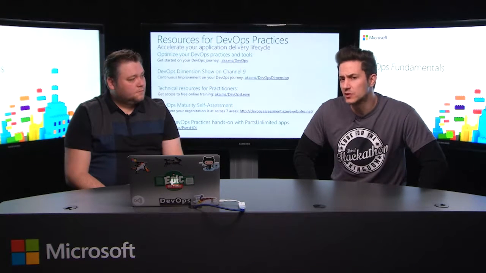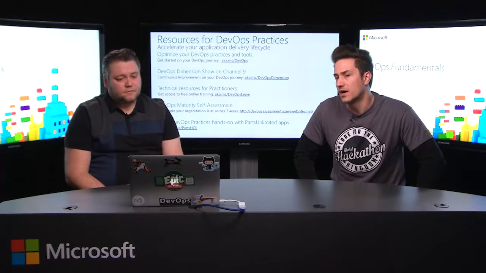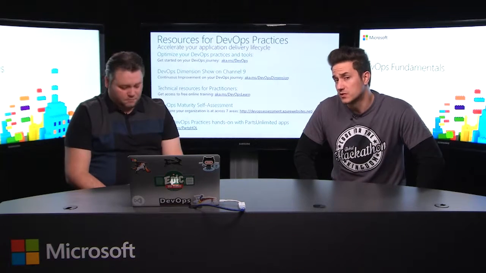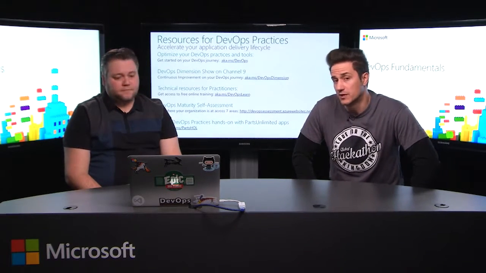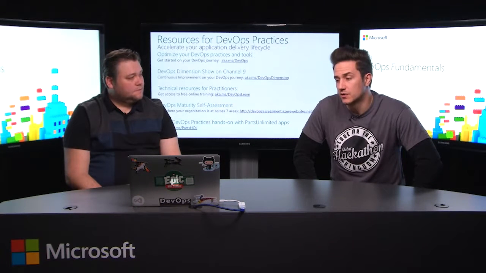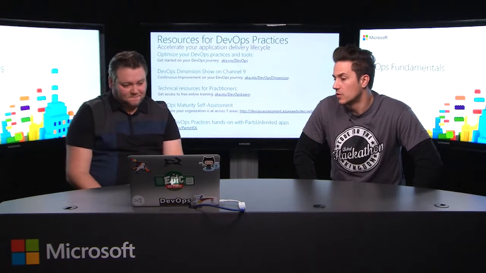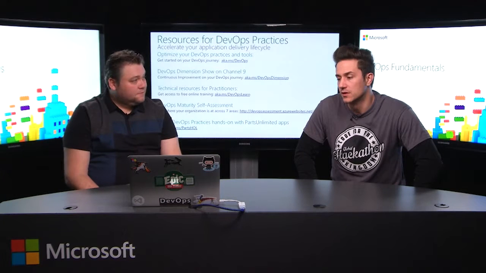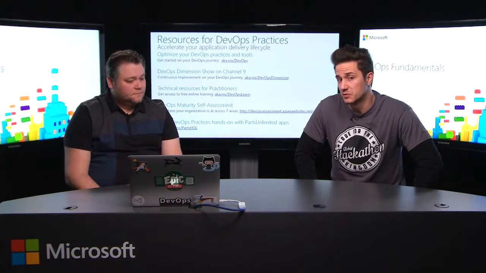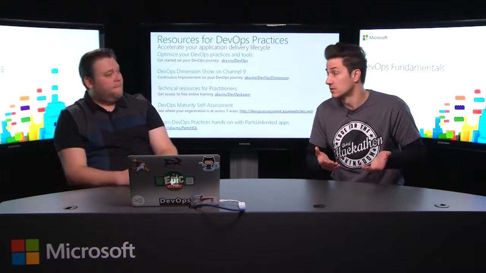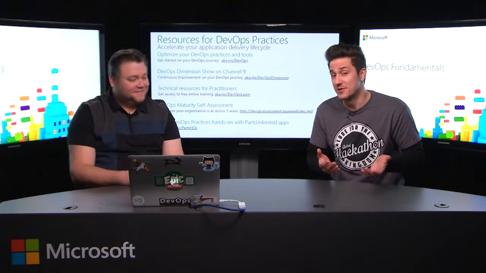You should be able to complete it in no more than about half an hour, as long as you have the right people answering who know the different aspects. It also gives you a higher level foundation to assess where you're at and maybe gives you some ideas where you might want to improve, and to tie those back to specific DevOps practices that we may have already covered in this fundamentals series.